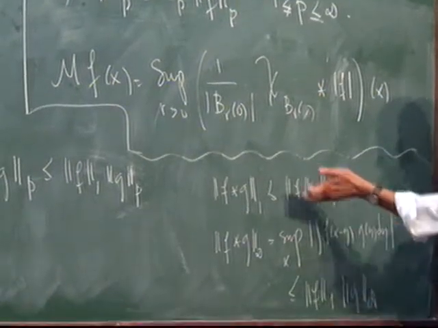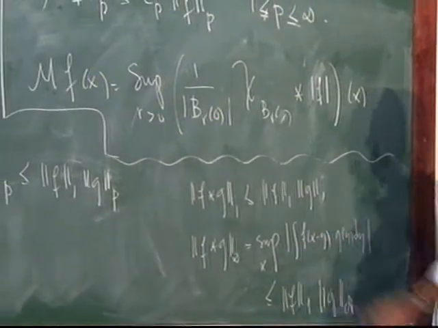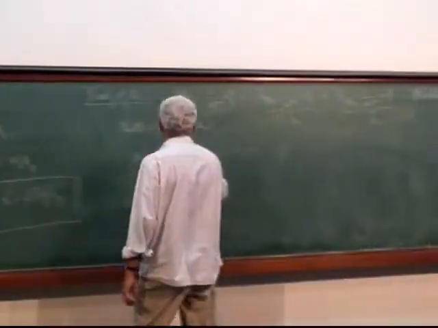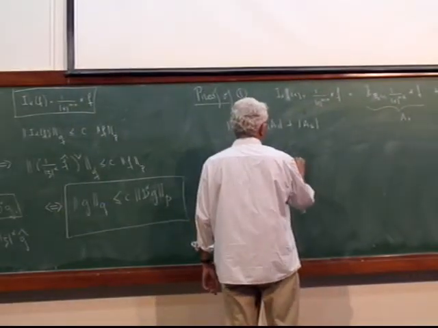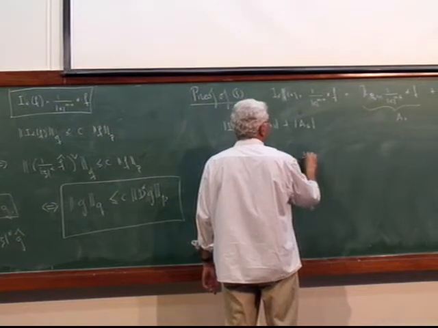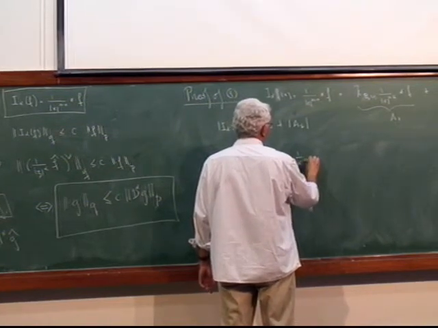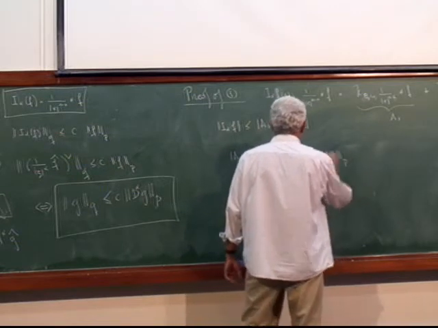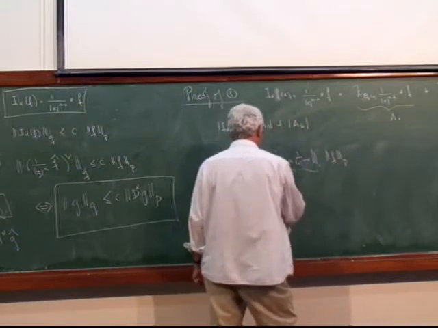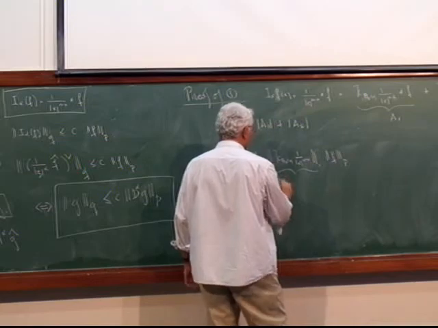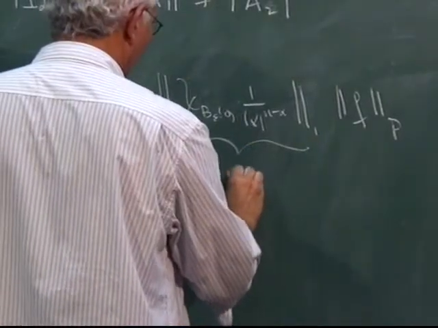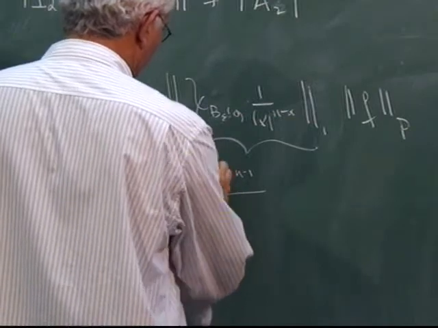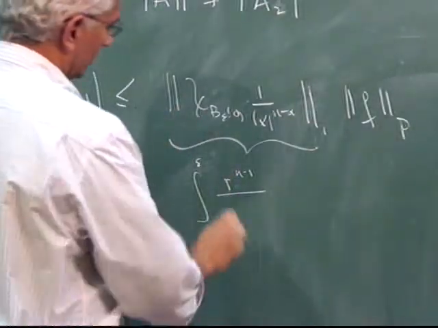You take, this is an L1 norm of this. Therefore, this is less than the LP norm of the L1 norm of this, LP norm of that. Okay, what is the L1 norm of this? This is the integral between 0 and epsilon. You are in n dimension, n minus 1. I already passed to radial coordinates.